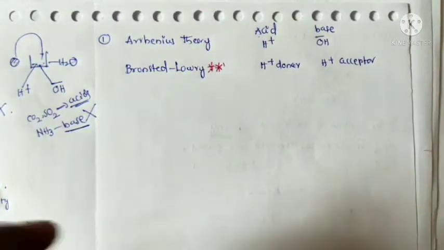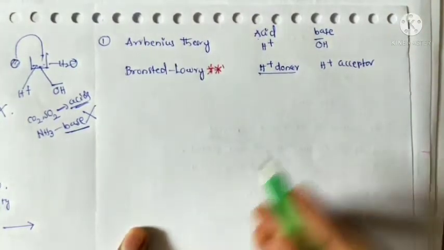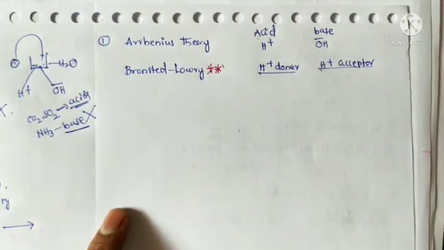So what is an acid? An H plus ion donor is an acid, and an H plus ion acceptor is called a base.